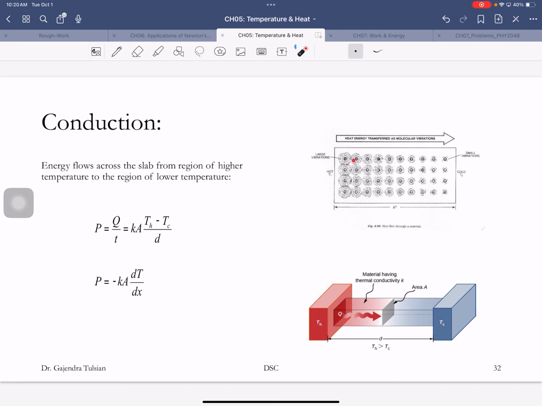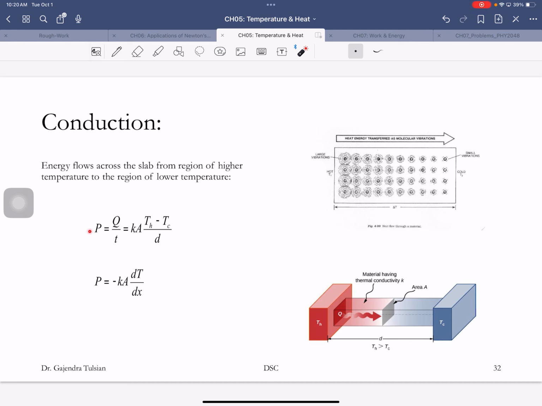These guys bump into the neighbors and transfer some of their heat. These guys bump into their neighbors, transfer some heat, and eventually heat gets there. And when does heat flow stop? When the temperature is uniform, when all the molecules have the same average kinetic energy.